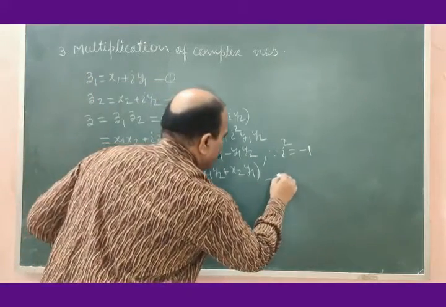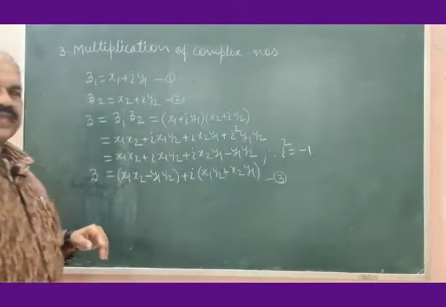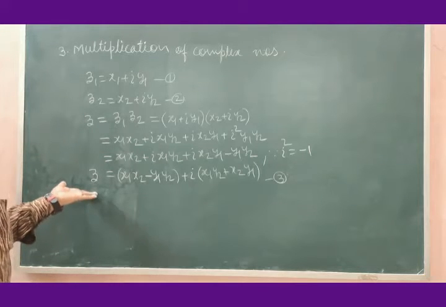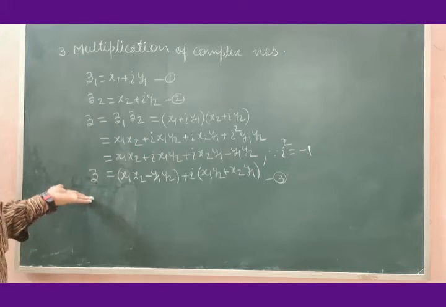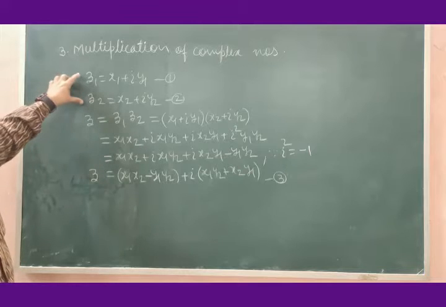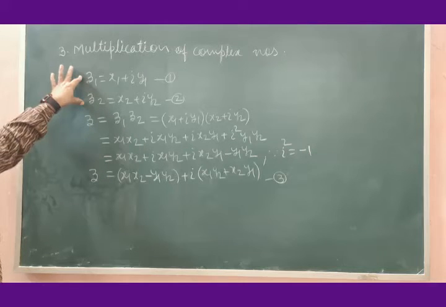Equation number 3. Here Z is the product of complex numbers Z1 and Z2.